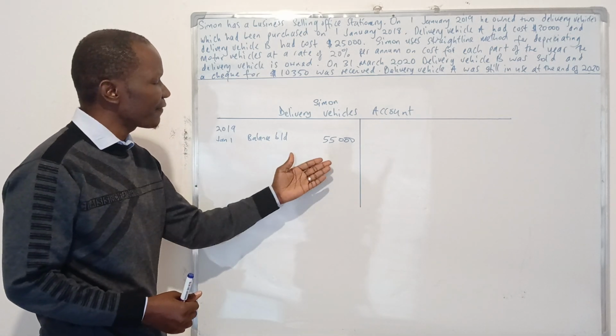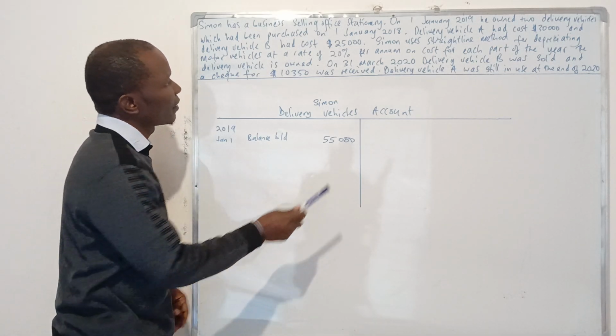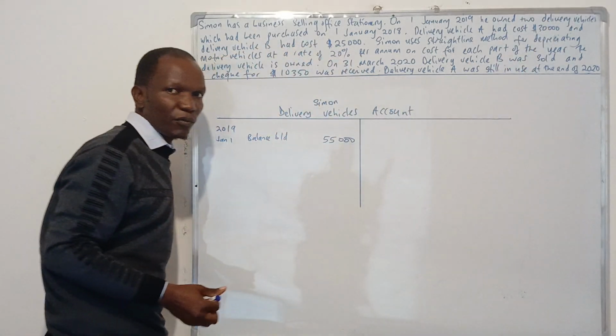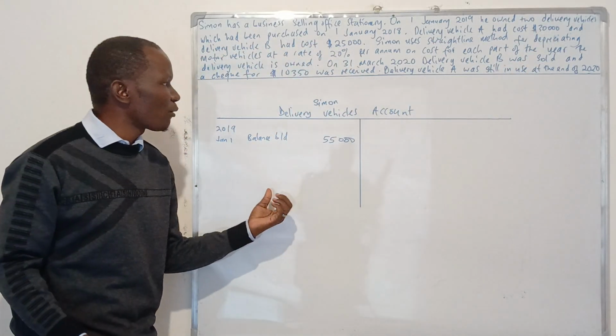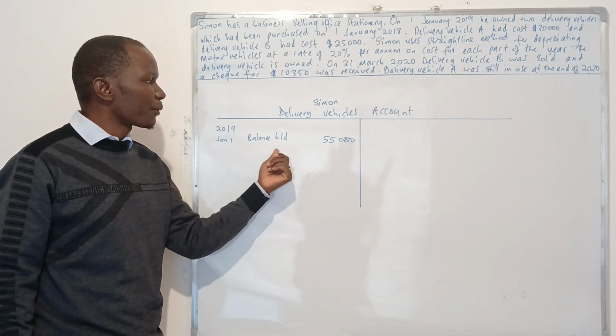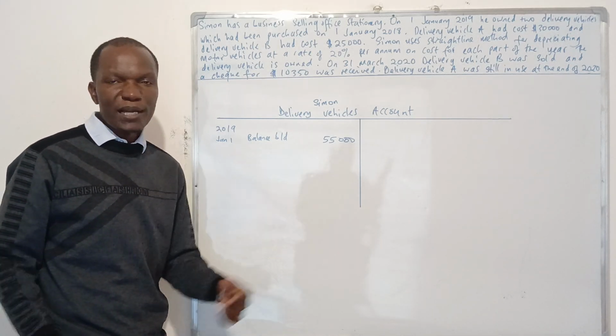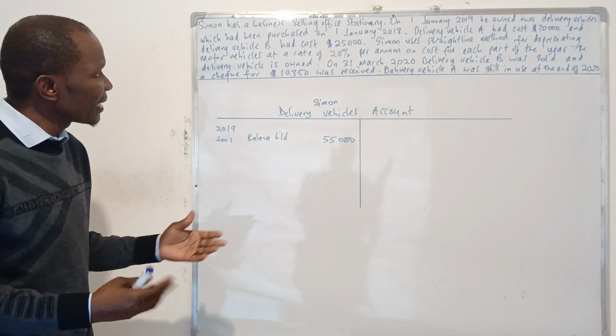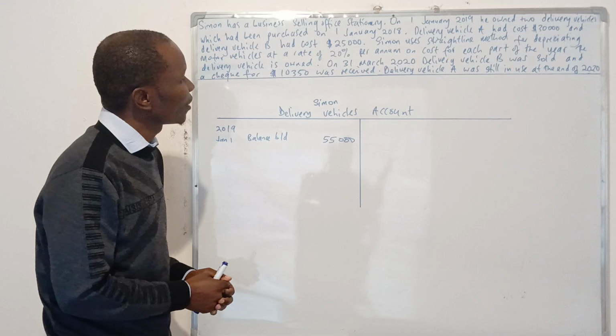Where are we getting the 55,000? We're getting it from 25,000 plus the 30,000. So in other words, on the debit side of our delivery vehicles account, we have a balance brought down of 55,000.